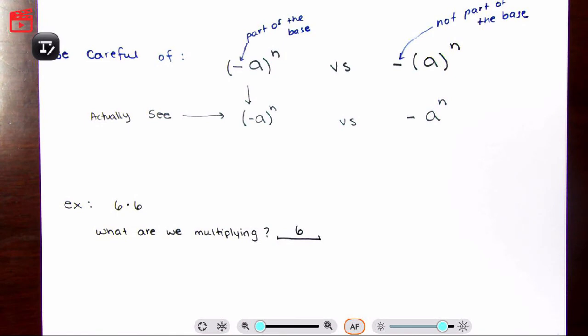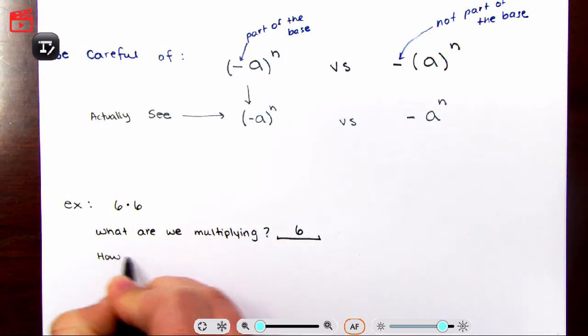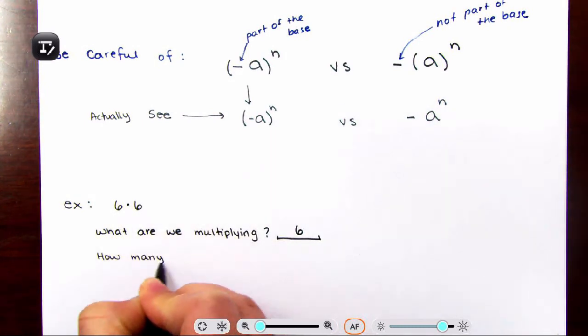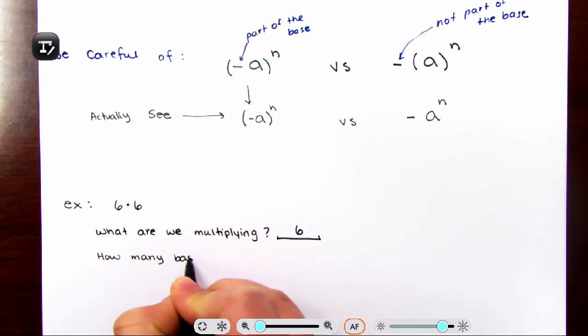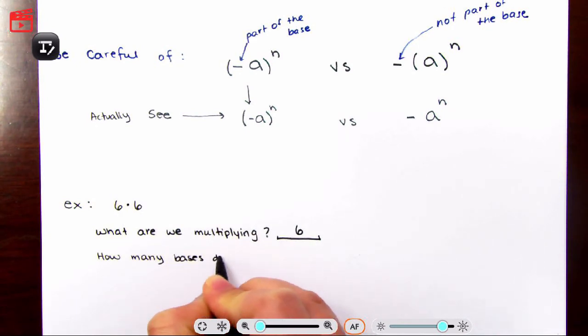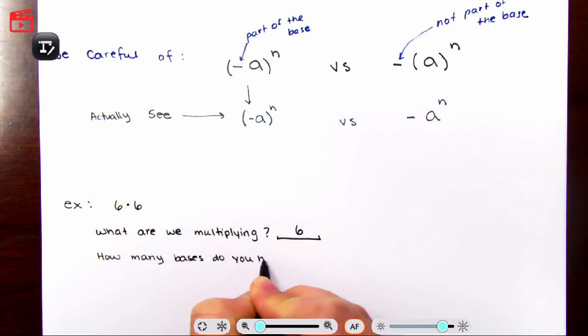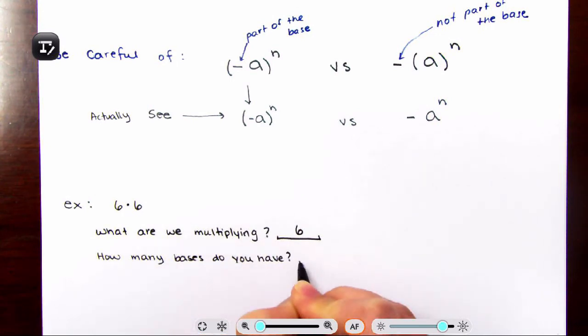Now, the number has to be the same. For exponents, it's because we're taking that base and multiplying it however many times by itself, the base has to be the same. It's the same base. So since 6 and 6, we're multiplying 6. How many times? And this time I actually wrote, how many bases do you have?